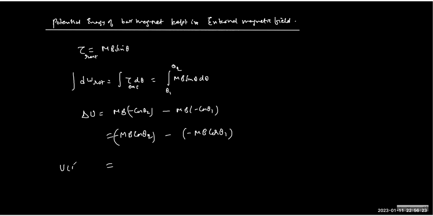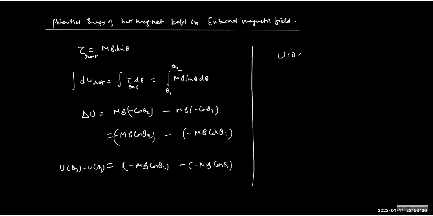So we can say U theta 2 minus U theta 1 is this. We can say U theta equals to minus mB cos theta. We know this potential is minus PM dot B, the same formula. If you remember one place, you know at every other place.